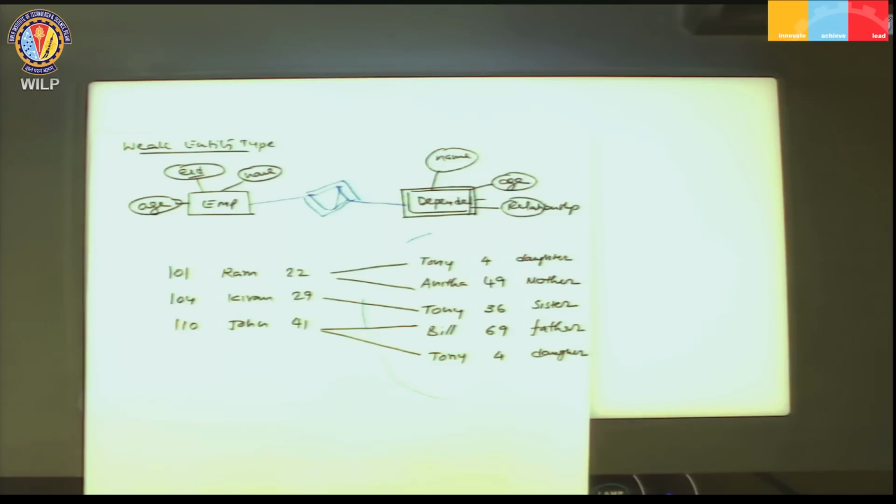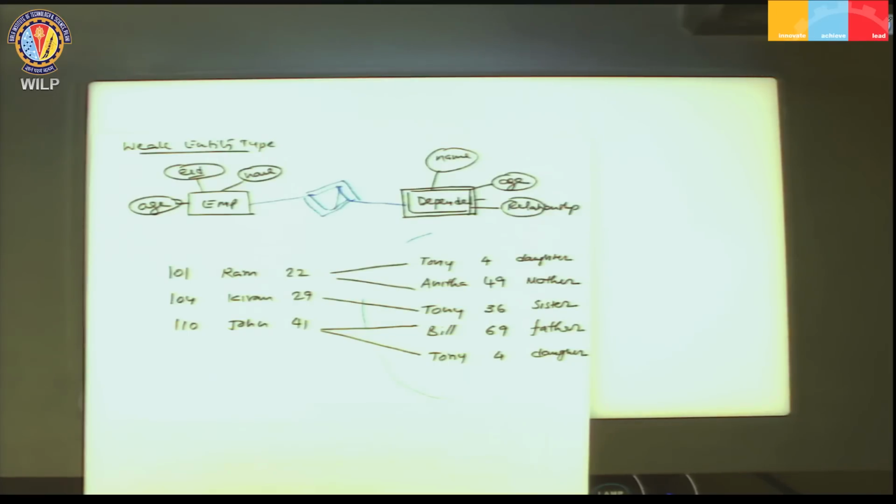Similarly, one more Tony is there in the dependent list, but he is associated with 110, that is John. So two entities in the weak entity set cannot have an association with the same strong entity and have the same name. That solves our problem.